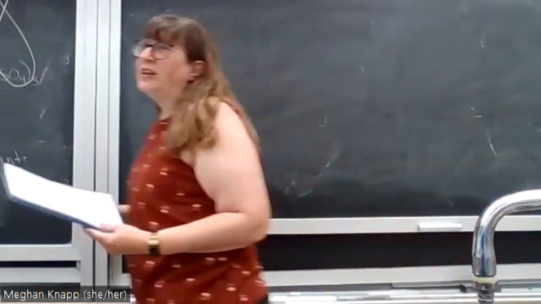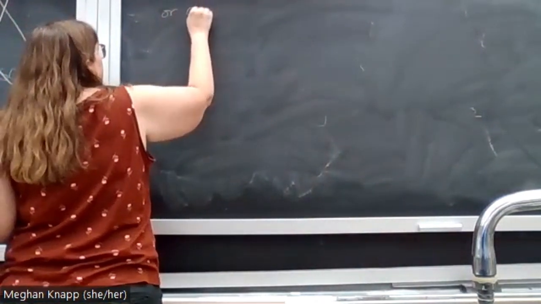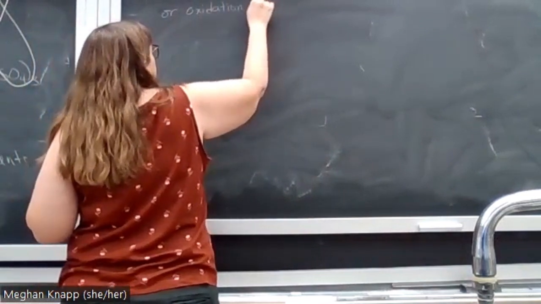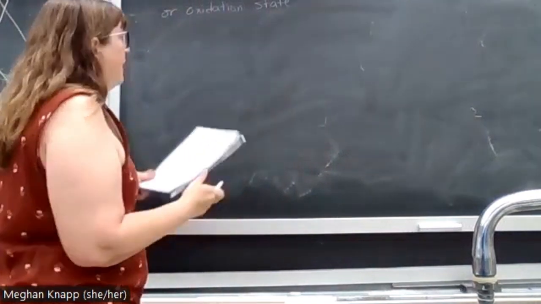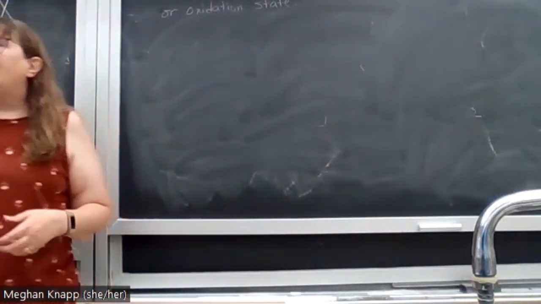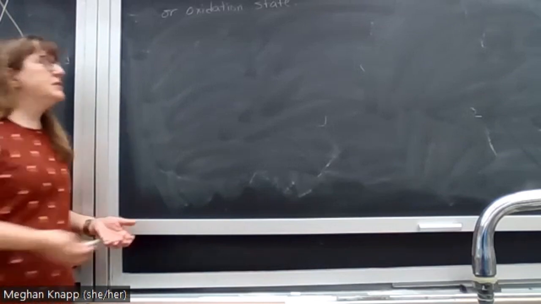Or sometimes we call it an oxidation state. When we are assigning these, we are assuming that any electrons that are in between the two atoms in this bond, rather than being shared like we think of a normal bond, we think of them as belonging to one of the atoms.